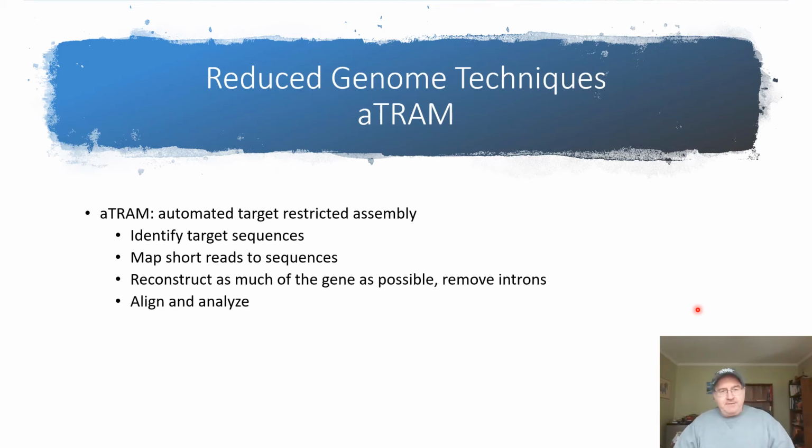So the first step you need to do is to identify those target sequences, to find, to hypothesize and hope they exist, orthologous genes amongst the set of organisms that you're studying and that you want to analyze their interrelationships. There are a number of tools available to do this, to find orthologs.